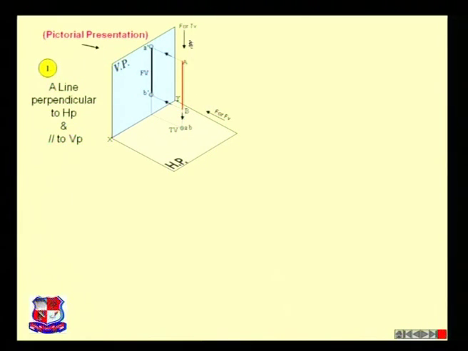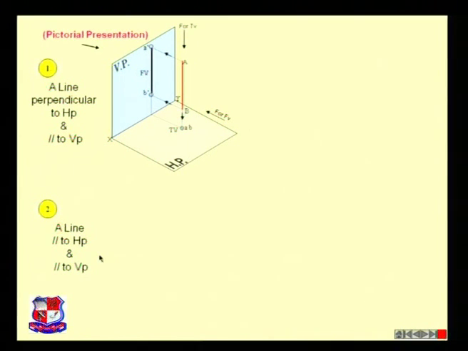What is the problem? If we are talking about the top view, we cannot have the projections from the top side. Then what will we do? We have just projected the portions like this.